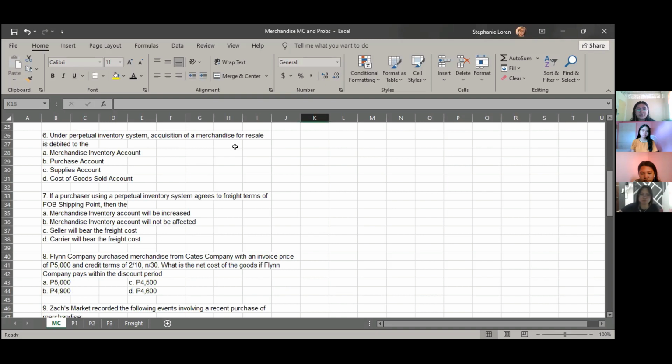Okay. For question number 6, under perpetual inventory system, acquisition of a merchandise for resale is debited to the A, merchandise inventory account, B, purchase account, C, supplies account, or letter D, cost of goods sold account. Any answers?